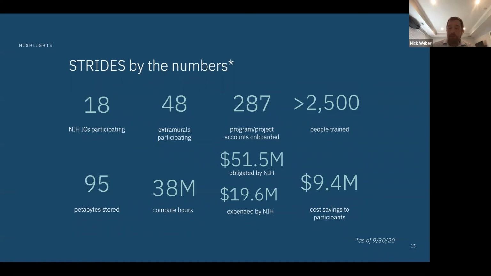A fair amount of compute, and cost metrics here at least demonstrate that there's real intention and movement forward of NIH to move to the cloud, with cost savings back to those participating programs based on the negotiated discounts. So that's STRIDES at a high level.